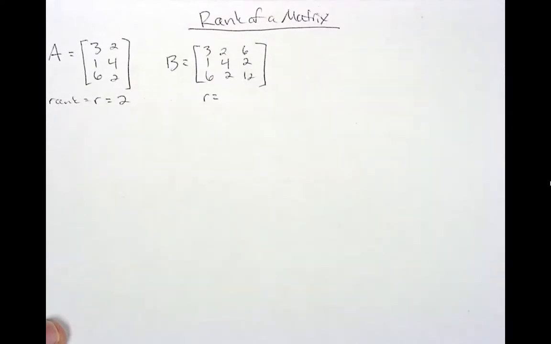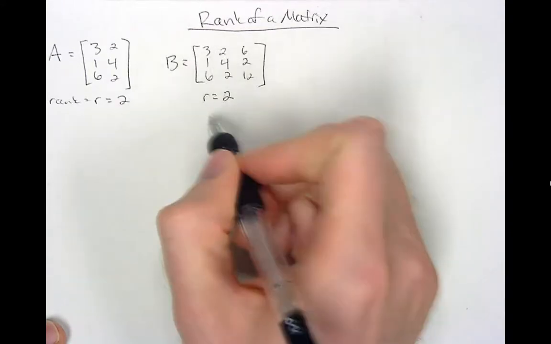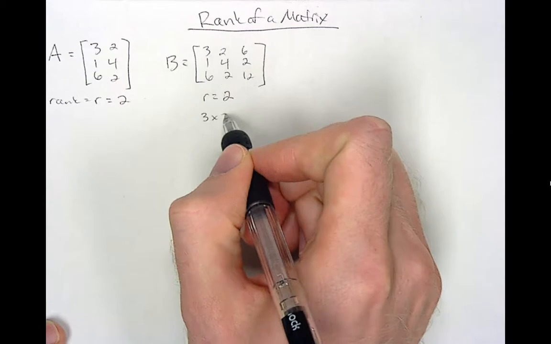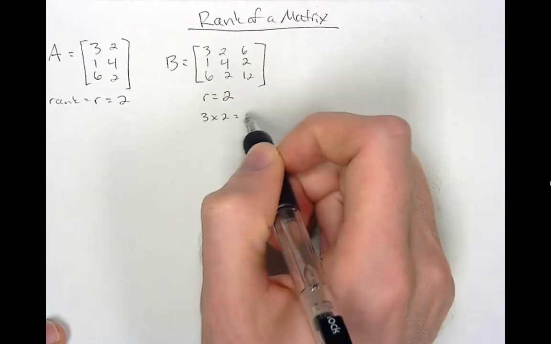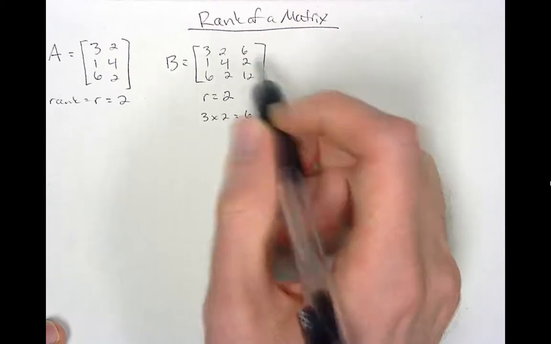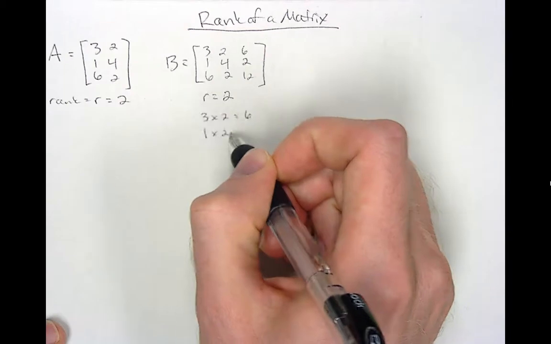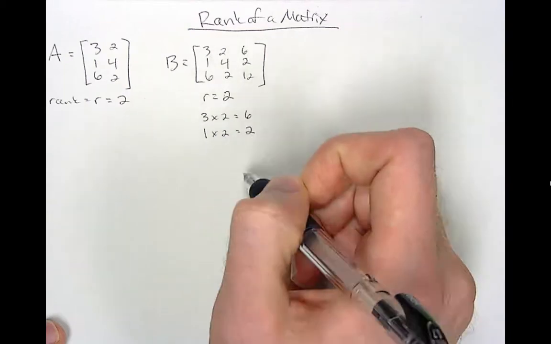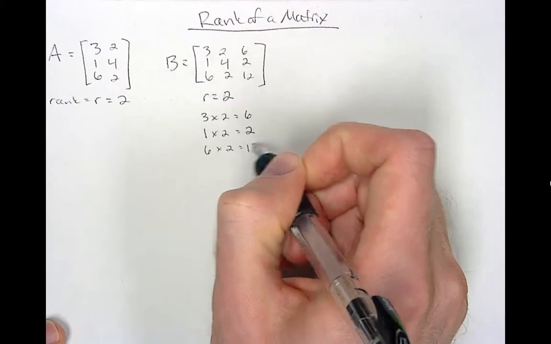Well, the rank is 2 because if you look here, the first column times 2 is 6. So 1 times 2 is 2, and then 6 times 2 is 12.